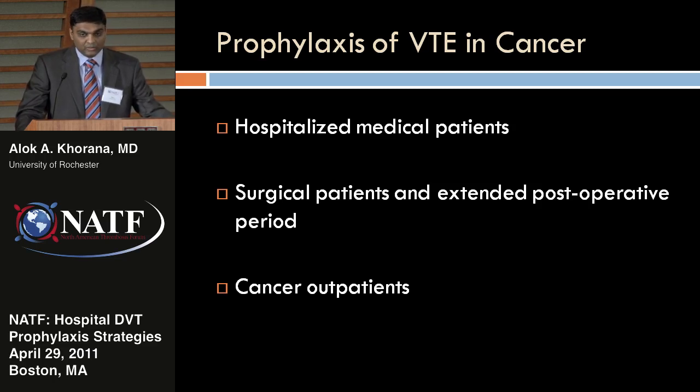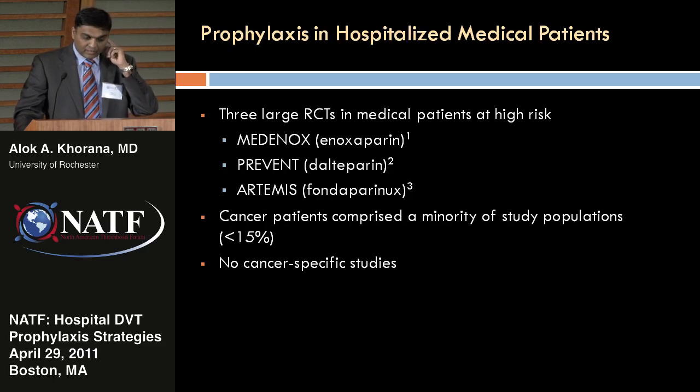And so although I know this is a forum specifically devoted to hospital DVT prophylaxis strategies, I'm going to talk about the continuum of care, not just in the hospital, but in the outpatient setting and in the post-surgical setting as well. So let's look at the data in the hospitalized medical population. There have been 3 very large randomized controlled trials in medical patients at high risk.